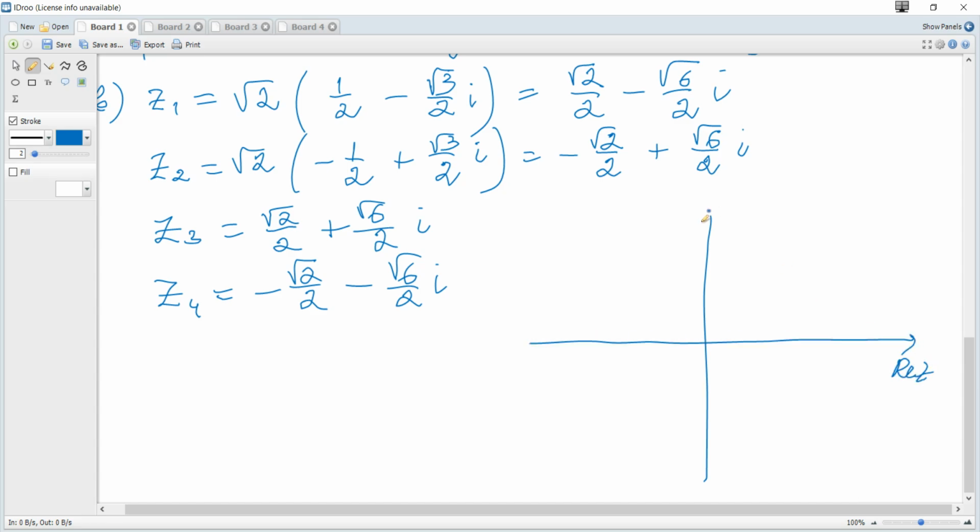The real part, the imaginary part, and Z1 plus minus somewhere here, so it's Z1, so it's root 2 over 2, and negative root 6 over 2, negative root 2 over 2, minus plus somewhere here it's Z2, and Z3 plus plus, and Z4 minus minus somewhere here, so that we get a rectangle.